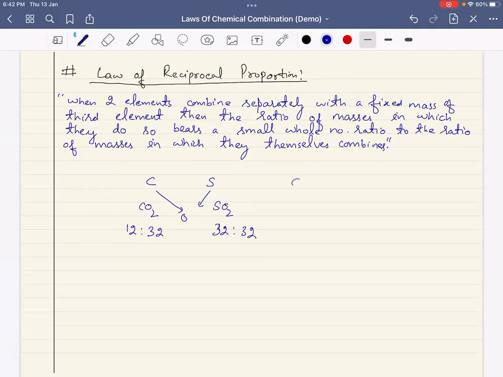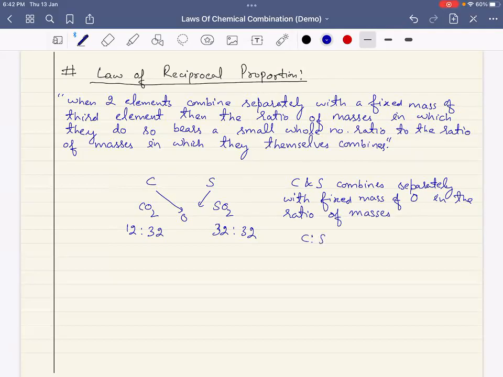Now carbon and sulfur combine separately with a fixed mass of oxygen in the ratio of masses, that is carbon to sulfur, it will be 12:32.